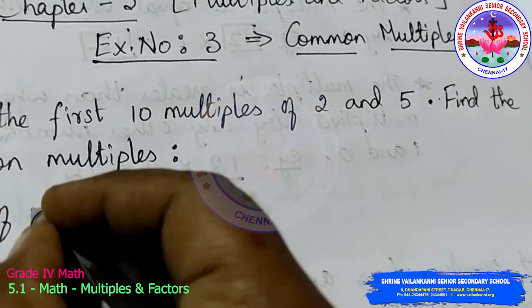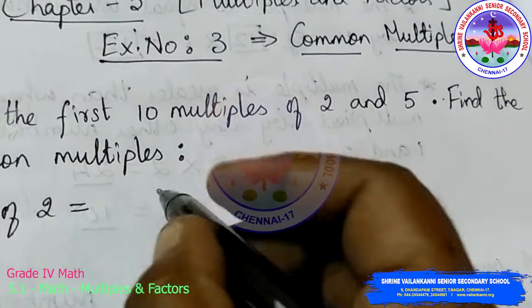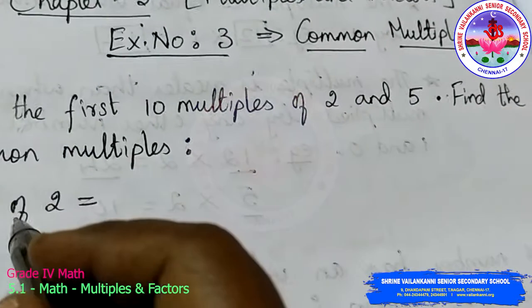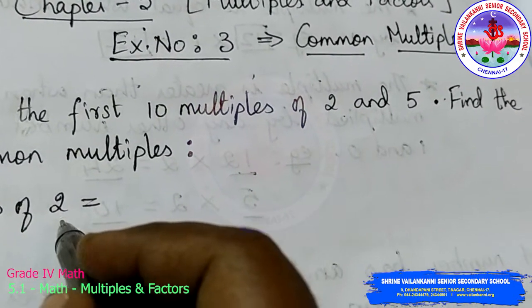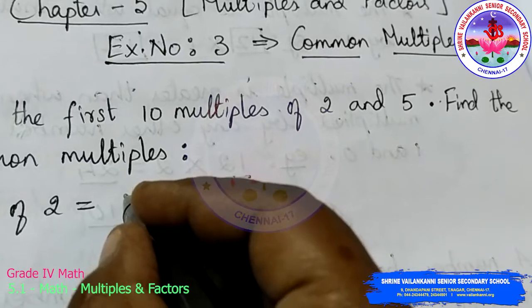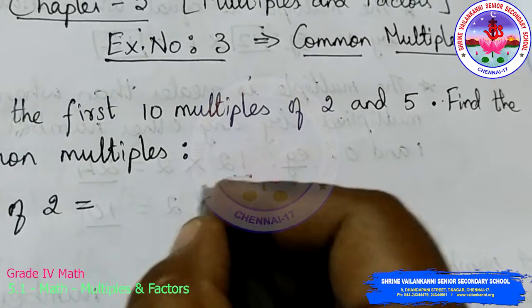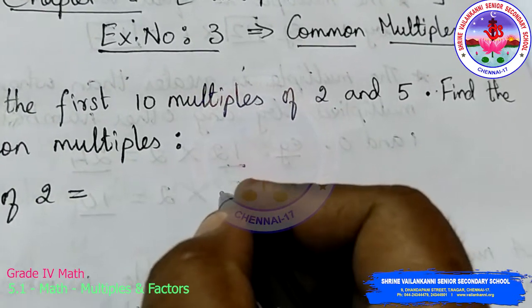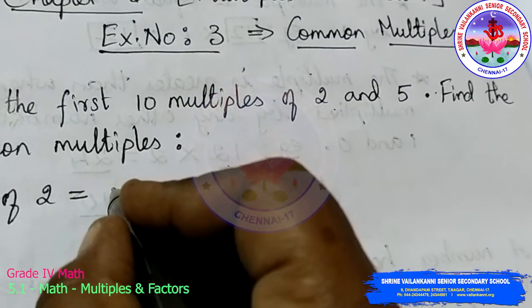multiples of 2. The first number is 2, so I have written multiples of 2. Here I'm not going to show it elaborately like 2 into 1 is equal to 2, 2 into 2 is equal to 4. I'm going to directly write only the multiples.